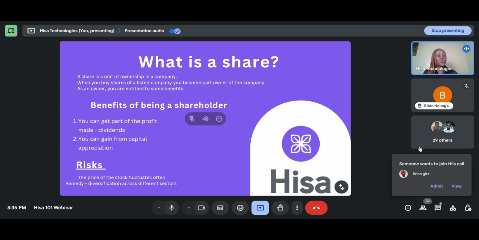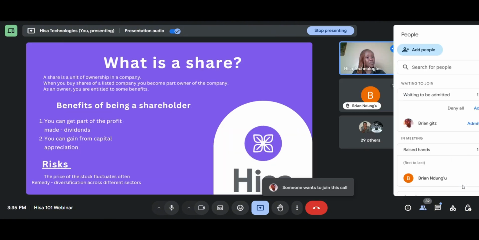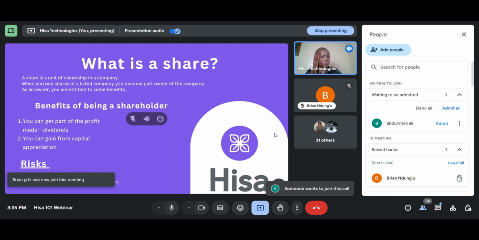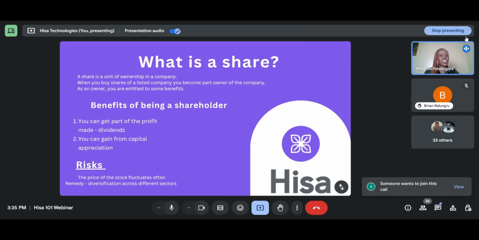Yes, you are entitled to the profits of that company. Is this a must? No, but to persuade people to invest in these companies, most companies share part of their profits with investors, and this is what we call dividends. So, number one, you can get part of the profits that that company makes.